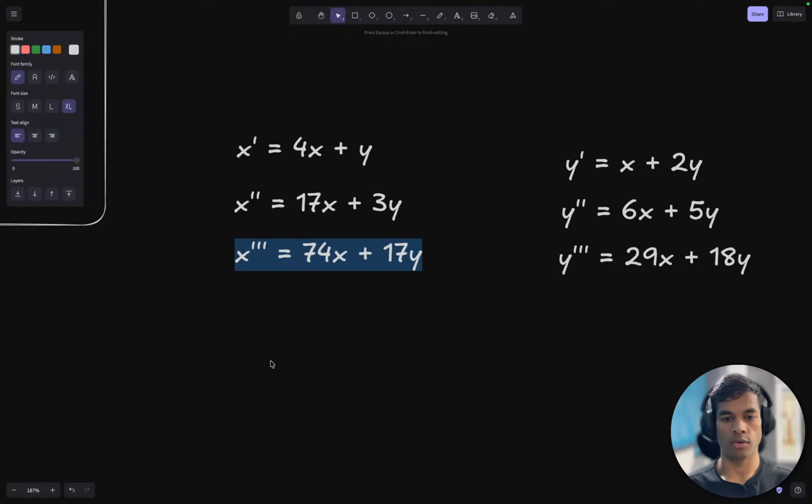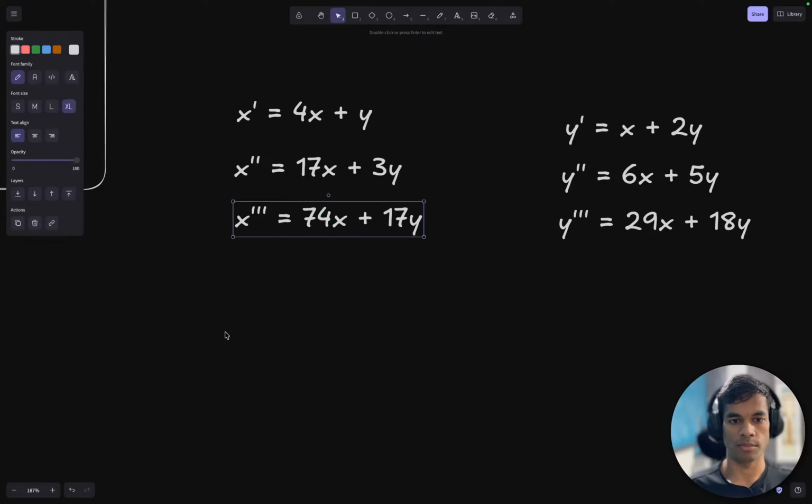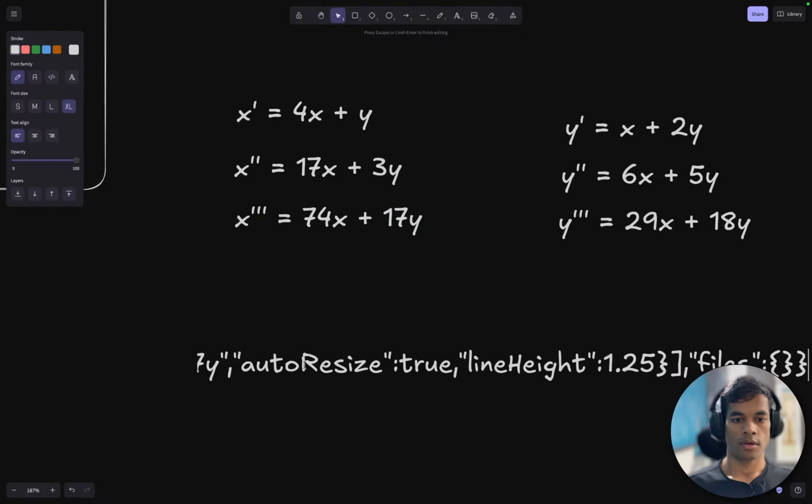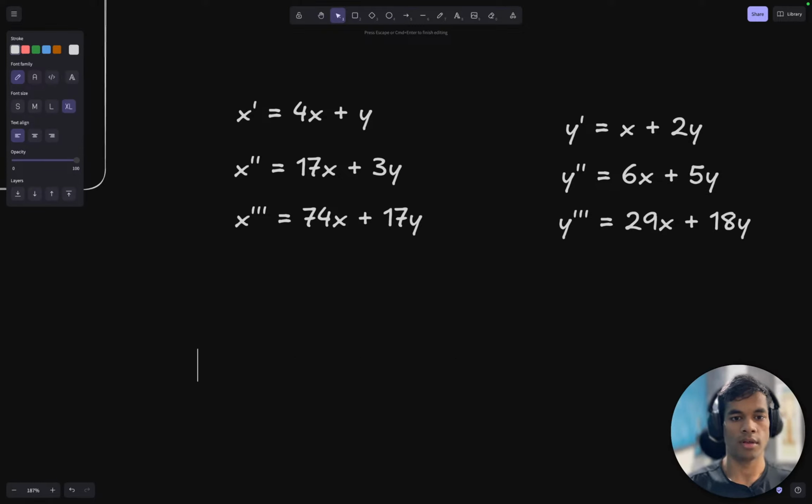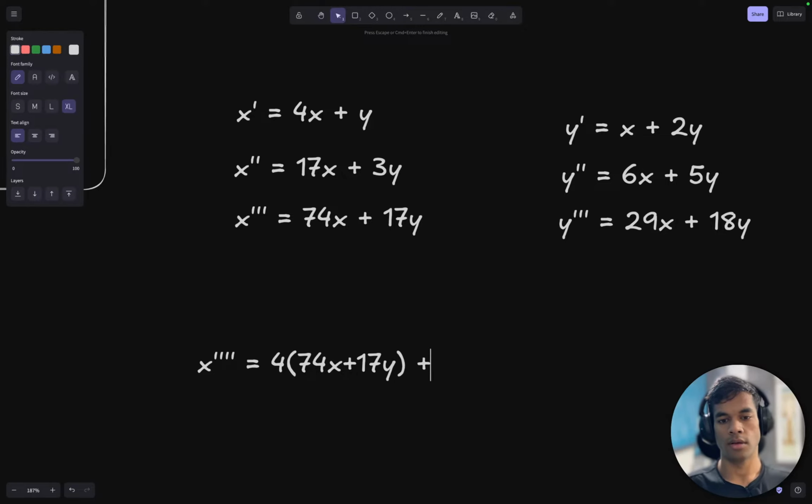And okay, let's go one more step. What the hell is that? x quadruple dash equals 4 into 74x plus 17y plus 17.